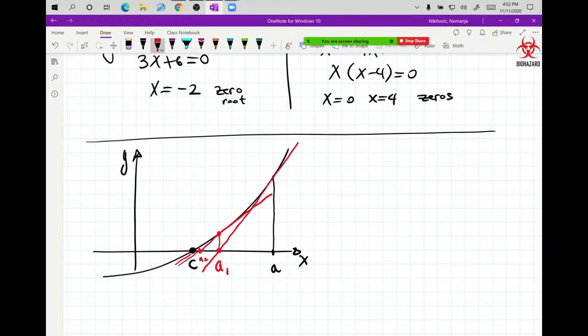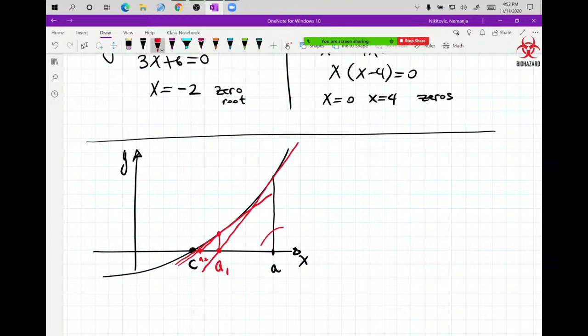That value is going to give me a new tangent line. Ooh. If I just keep doing this and doing this and doing this, eventually, maybe I do it 4 or 5 times, the value that the tangent line cuts through on the x-axis is actually the value that I'm looking for, c.